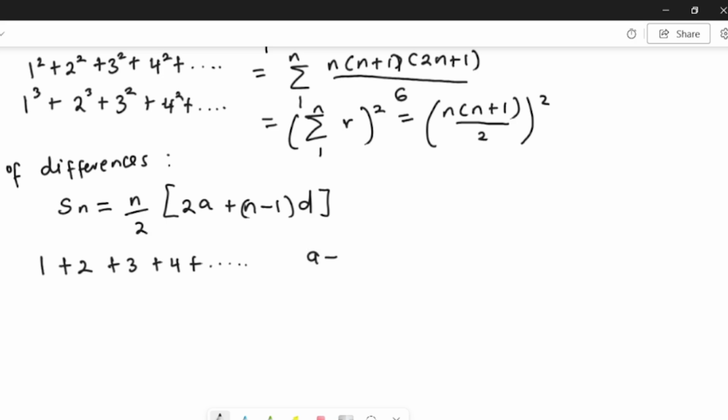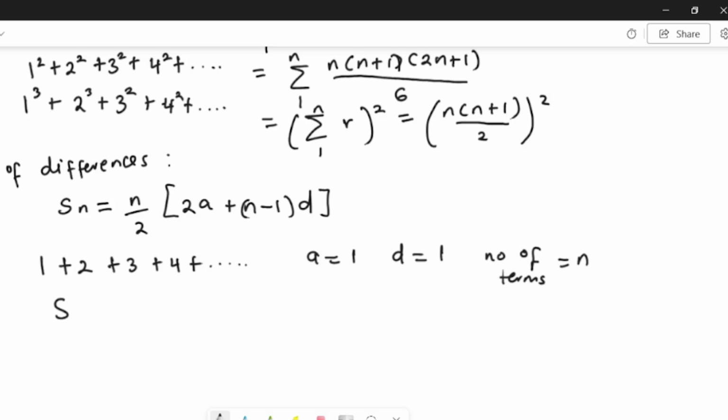This tells us that our first term is 1 and our common difference is 1. We want to get the formula for the sum, and it has n terms. Our number of terms is n.